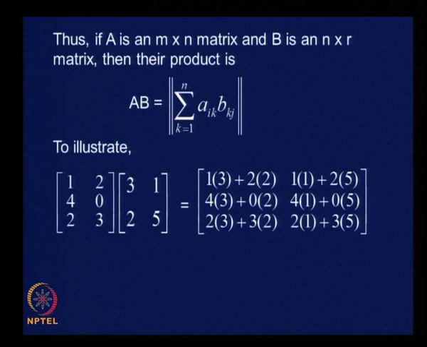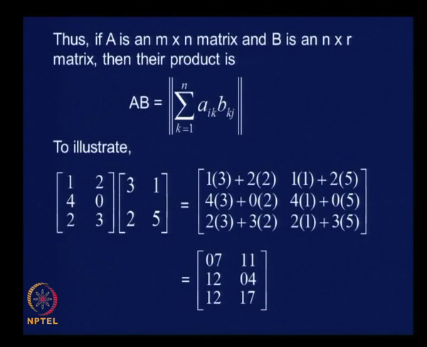And finally, considering the third row, 2 into 3 plus 3 into 2 is one cell value, and then 2 into 1 plus 3 into 5 is another value. So, the result is a 3 by 2 matrix; 3 by 2 multiplied by 2 by 2 gives you 3 by 2 again. The cell values are 7, 11, 12, 4, 12, 17.